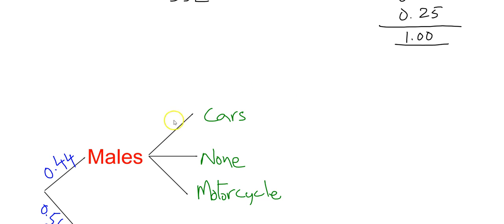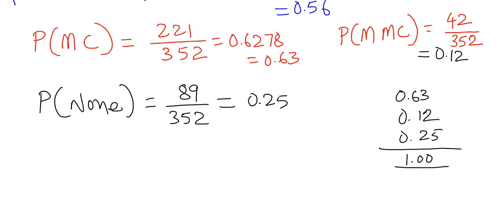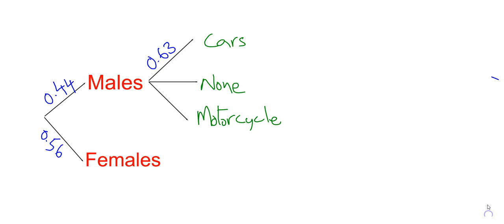All right, cars 0.63, and 0.12 is the motorcycle, and 0.25 is nothing. So 0.12 motorcycles, remaining 0.25, they do not own anything.